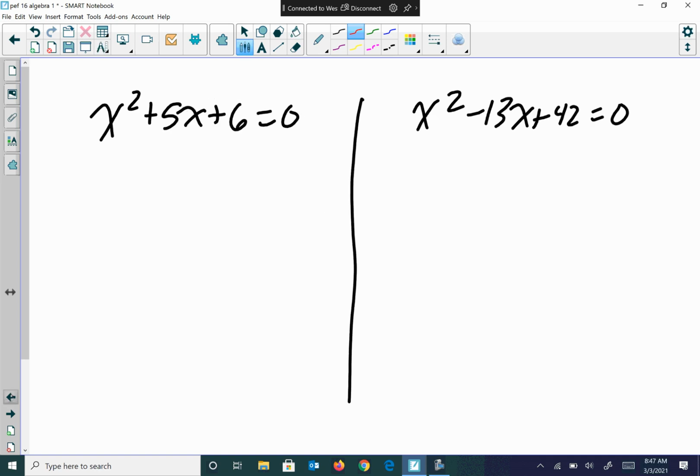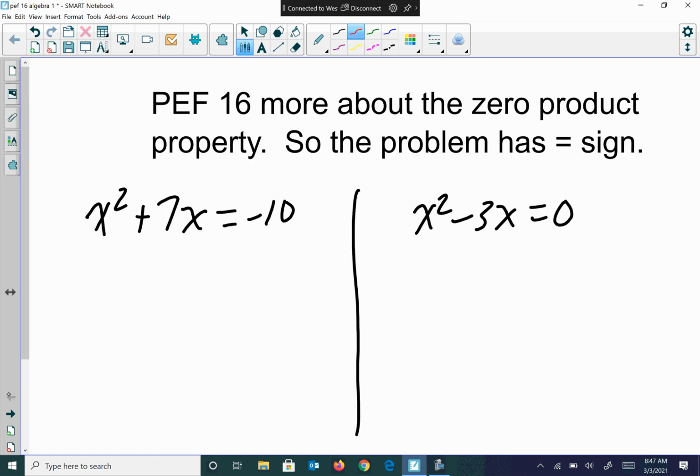All right, so you should have your note packet. This is like the second part of it. It says PEF number 16. It looks like that. It's up on the board. I don't have those.